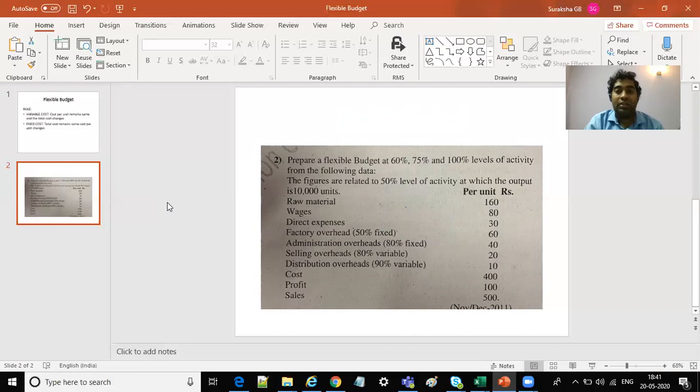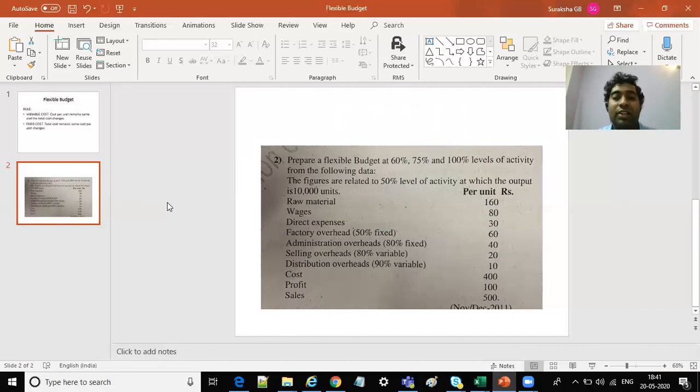And for producing 10,000 units, the cost per unit incurred is rupees 400 and the profit made per unit is 100 rupees, and the sales value is given as 500 rupees. So the difference between the first problem and the second problem is that the profit and the sales value were not given earlier. In this problem, they have given you the profit value as well as the sales value.